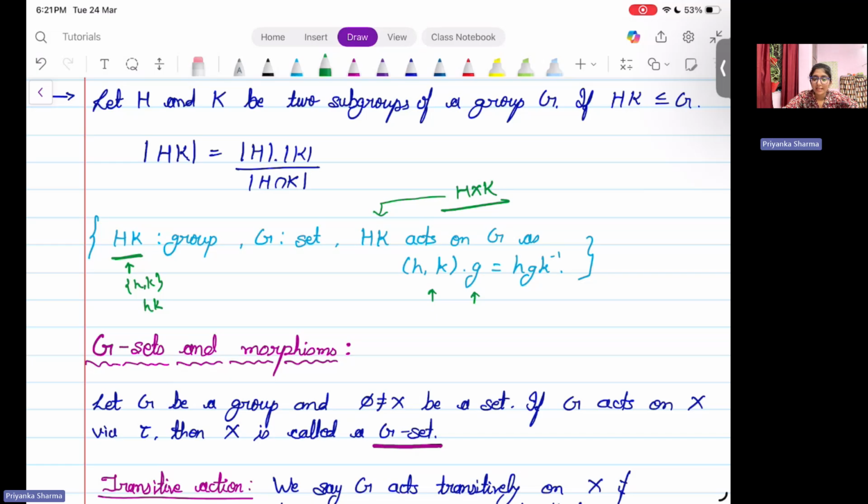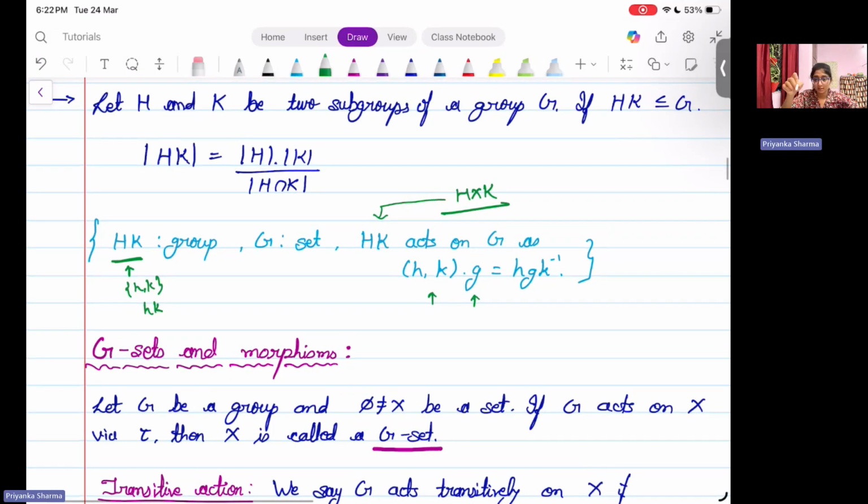So (H, K) dot G, here this dot is the representation of the group action. So (H, K) dot G will be like a double-sided conjugation. So the group action is defined by H G K inverse. If we use this group action, then we can prove this result.